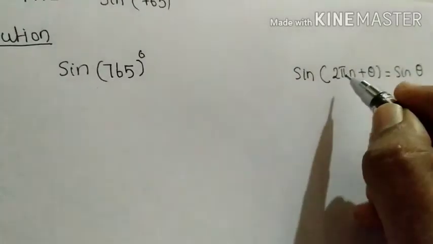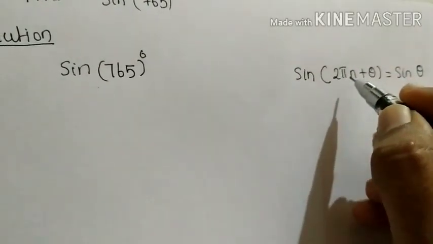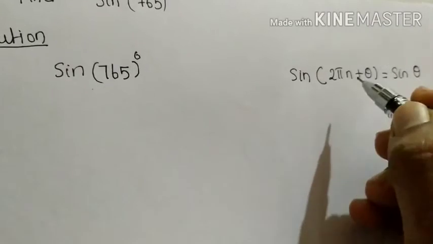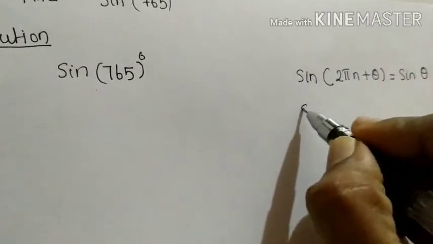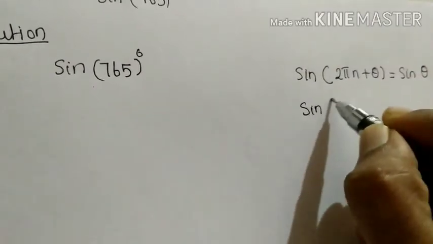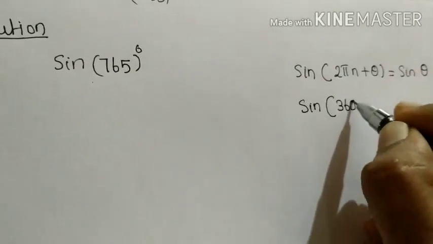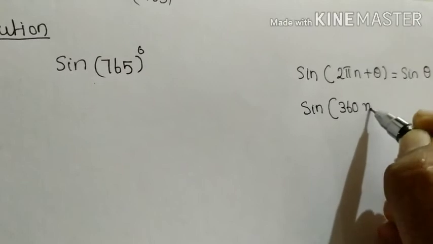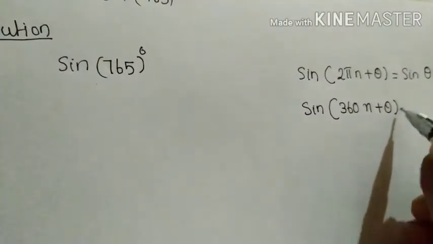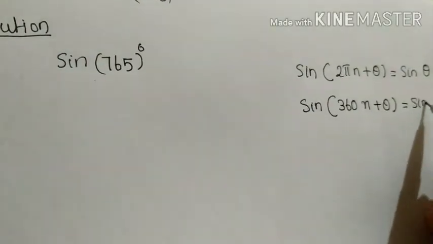Or this is in radian, right? So if we convert it into degree, this becomes sine 360 n plus theta is equal to sine theta.